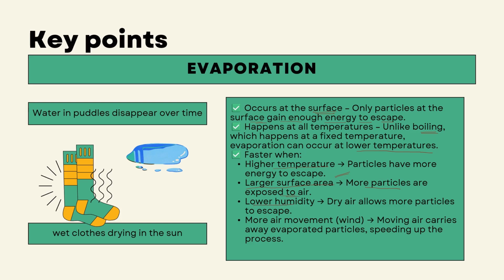When the humidity is lower, dry air allows more particles to escape. More air movement can lead to faster evaporation, as moving air carries away evaporated particles, speeding up the process.